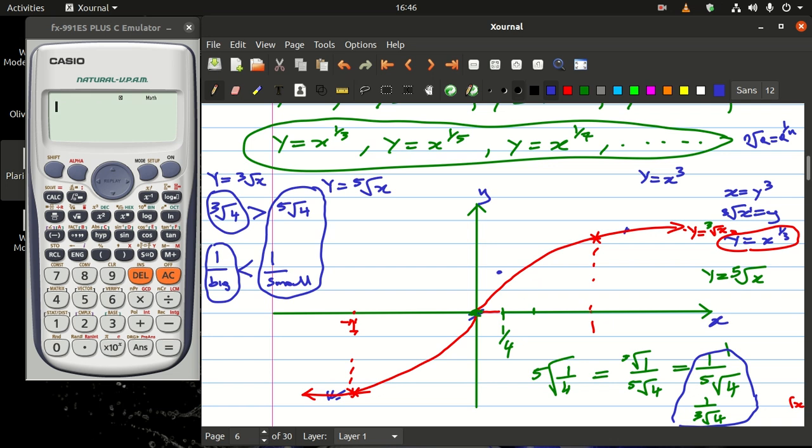So this graph is supposed to look like this, and it arrives there because they have to intersect. But if I plug in a value that is greater than 1, this is coming down, so it's going to be less. So this is y is equal to the fifth root of x. And then this side also is going to be coming this side and go all the way, hit there, and then it goes that way.